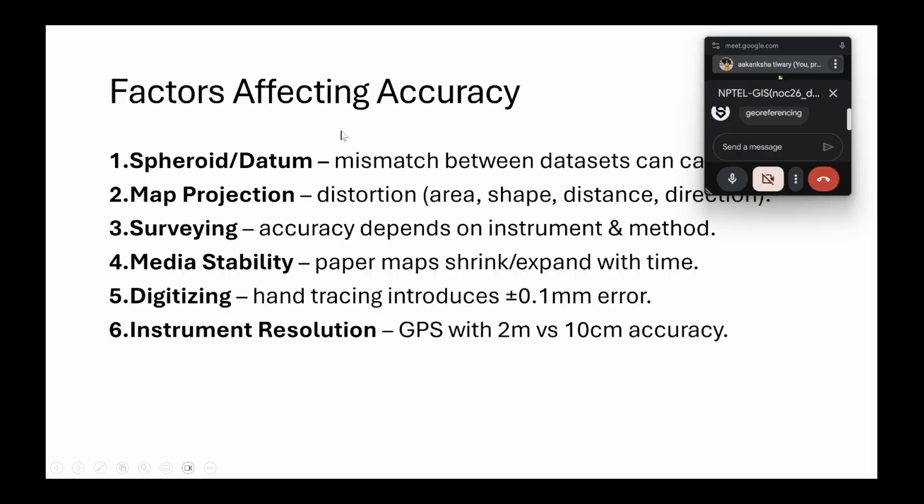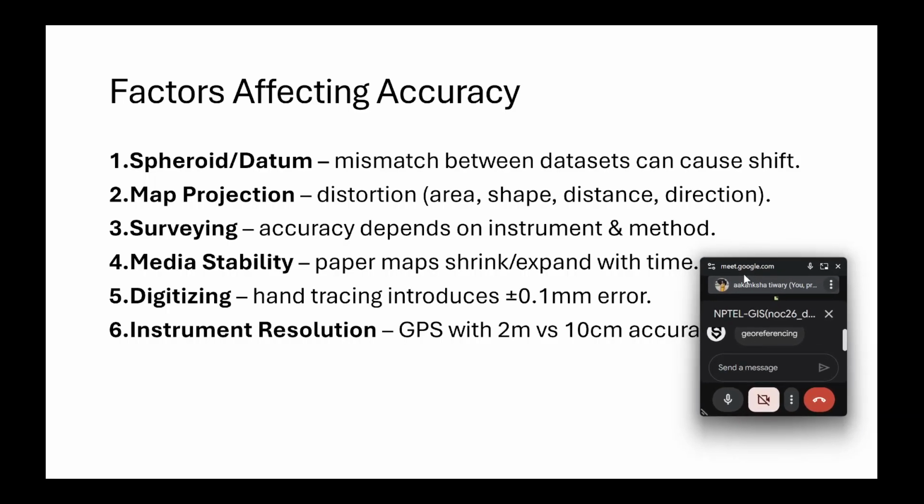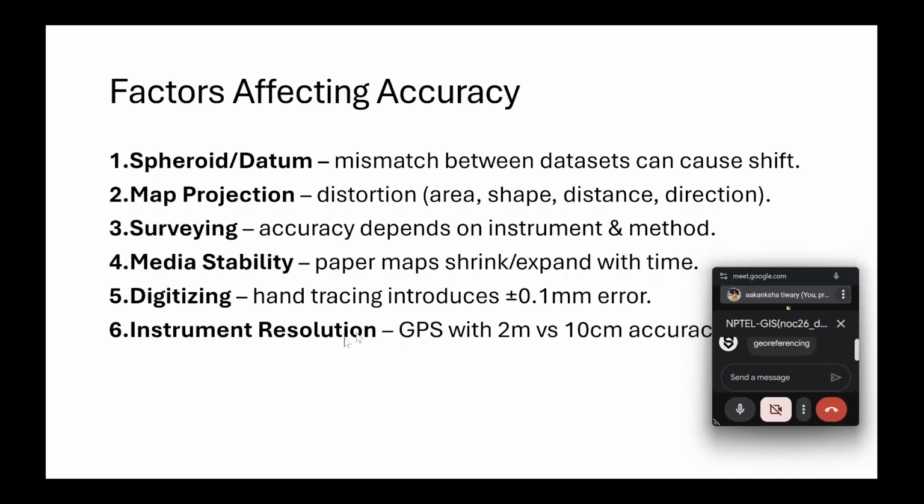So what are the factors that can affect the accuracy? A mismatch between the datasets' spheroid or datum, and the map projection, if distorted, can affect the accuracy.